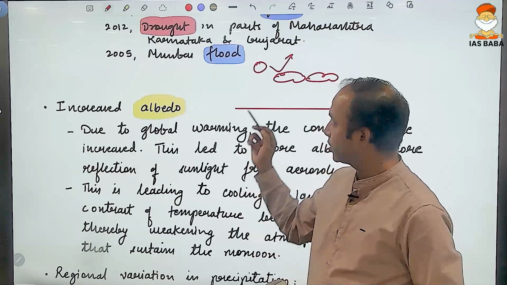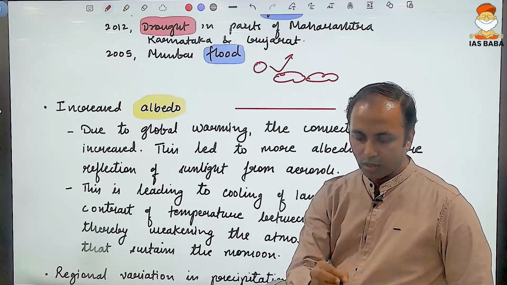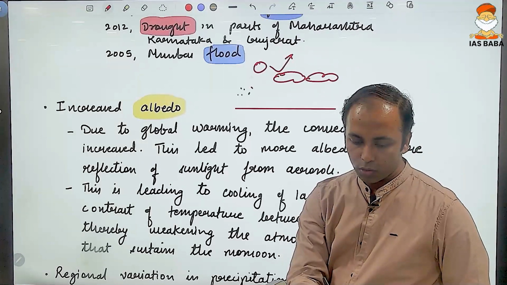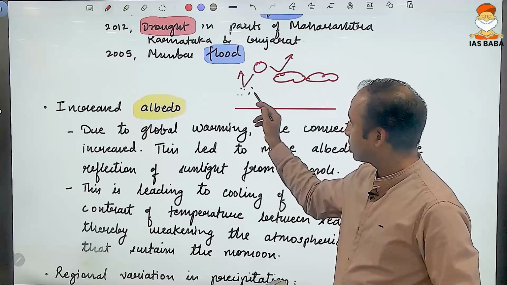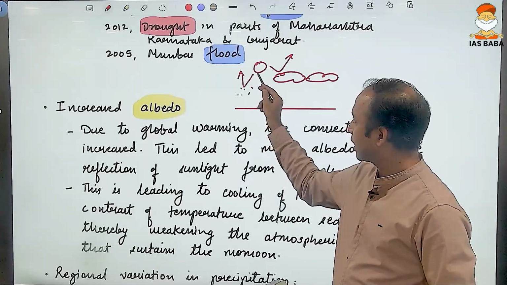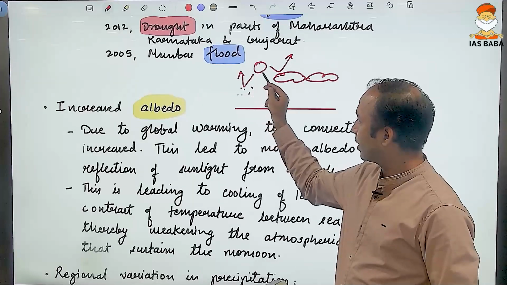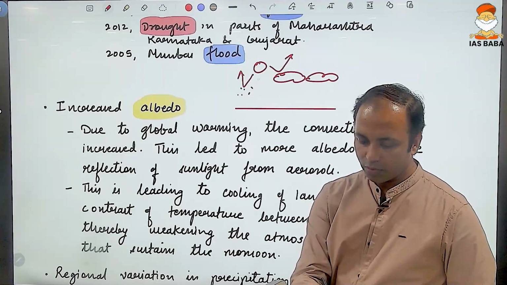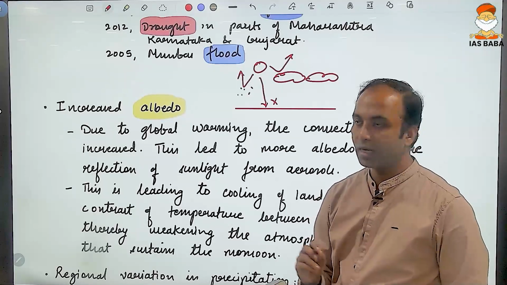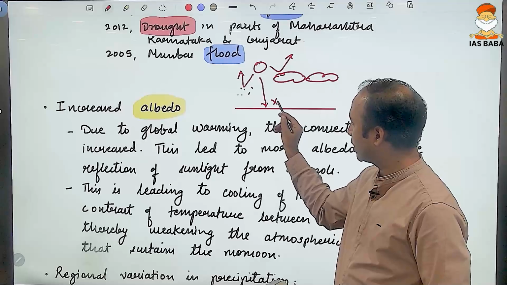Sufficient sunlight is not reaching the surface. Sunlight is also being reflected from dust particles, aerosols. If there is strong convection, then aerosol development will take place. Sunlight will be reflected, the surface will not be heating up because sunlight will not be reaching the surface, and the surface will not become strongly hot.